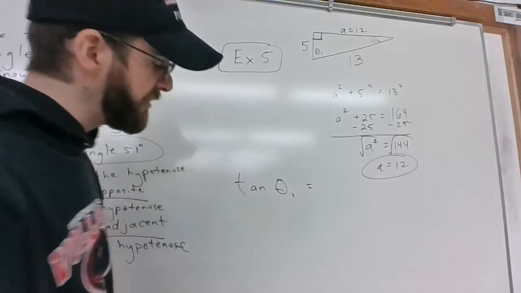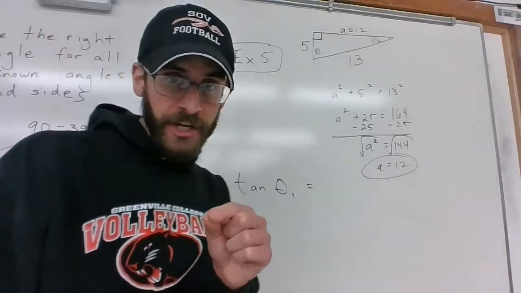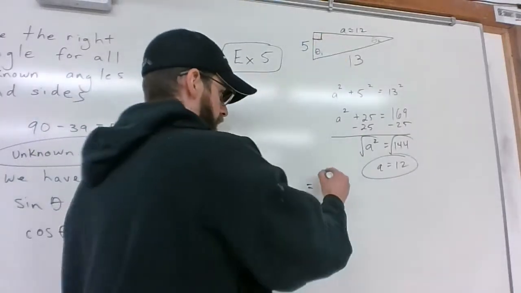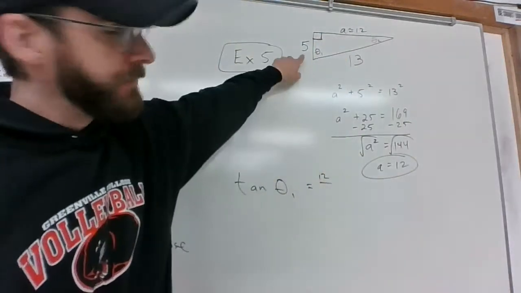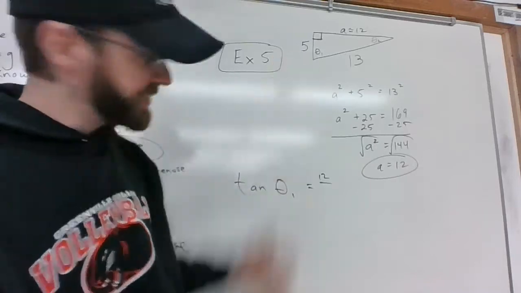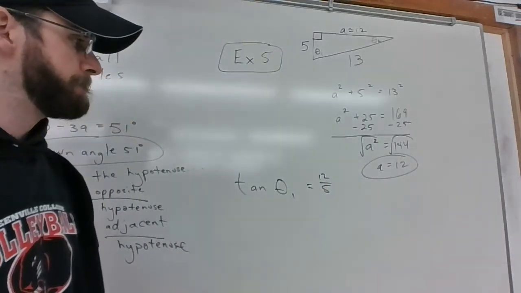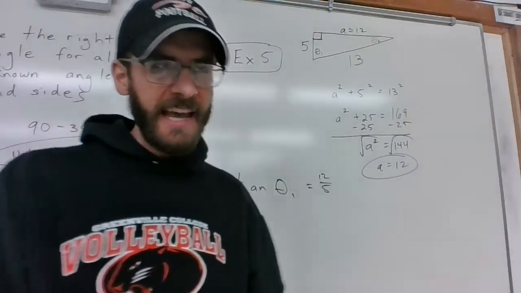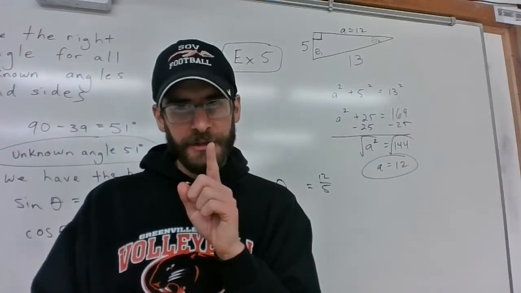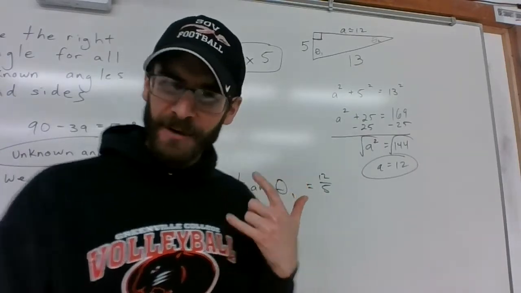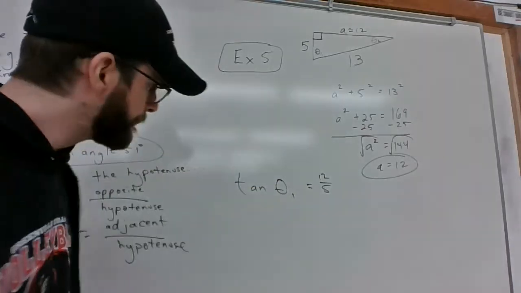What does the tangent of theta sub 1 equal as a ratio? Well, opposite is 12 divided by the adjacent leg, which is 5. We could do a guessing game where you say, what degree measure creates this opposite over adjacent ratio? But I don't think we're equipped with that just yet.